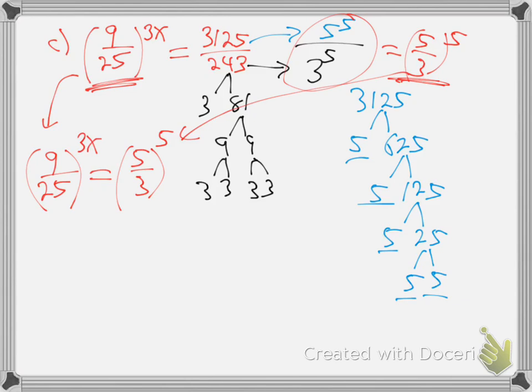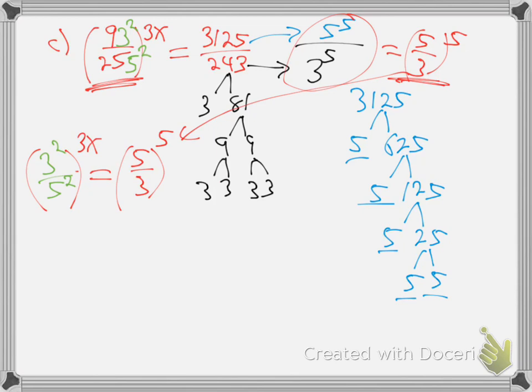Now what? Well, that left side, actually, I should have done something on the left side. 9 and 25, you can break that down, right? 9 is 3 squared and 25 is 5 squared. So we have 3 squared over 5 squared. Okay, so what?